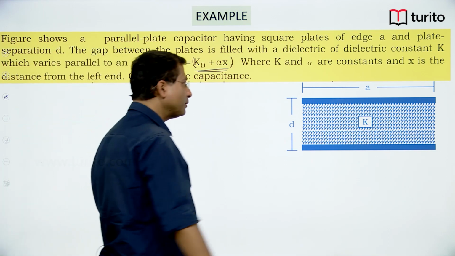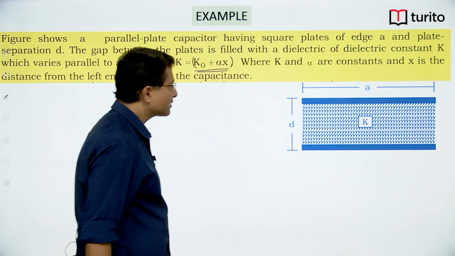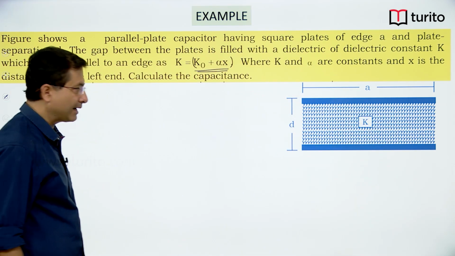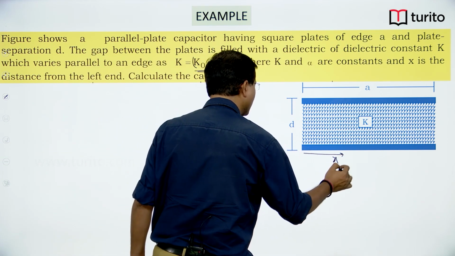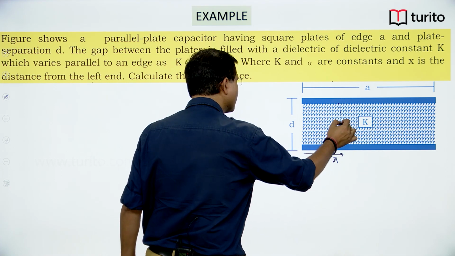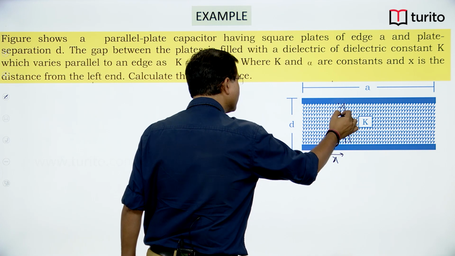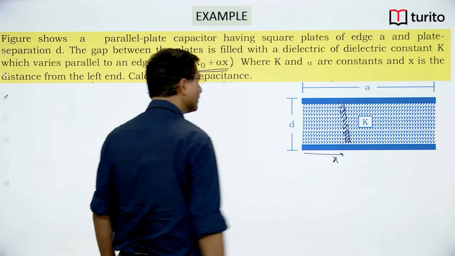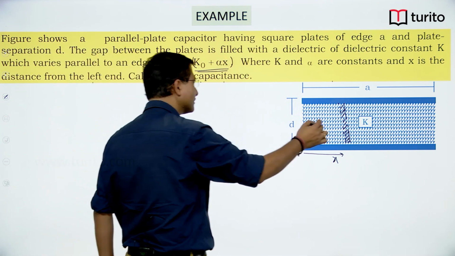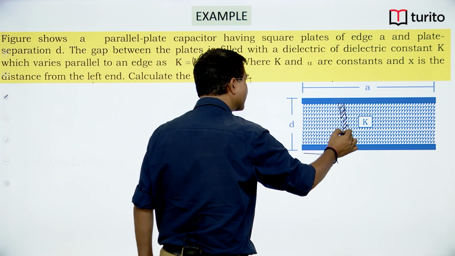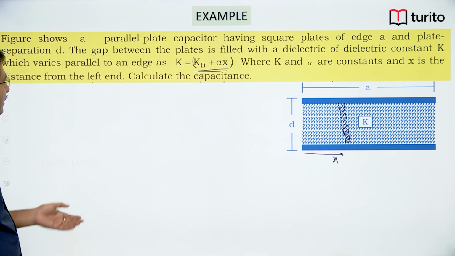Between two plates of a capacitor, we have placed a dielectric whose dielectric constant varies with distance x, where x is from one end. At distance x, what would be the dielectric constant of a small slab if I take? It varies according to this relation, and you are asked to find the capacitance of this arrangement.